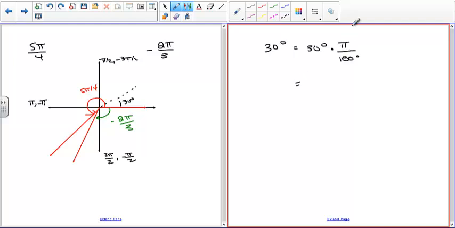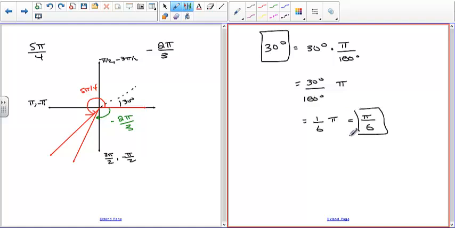All we have to do is we don't multiply by pi, we leave the pi there, and then we just take the ratio of the two angle measurements. So 30 divided by 180, if you simplify that fraction, it's 1/6. So we get 1/6 pi, or pi over 6.